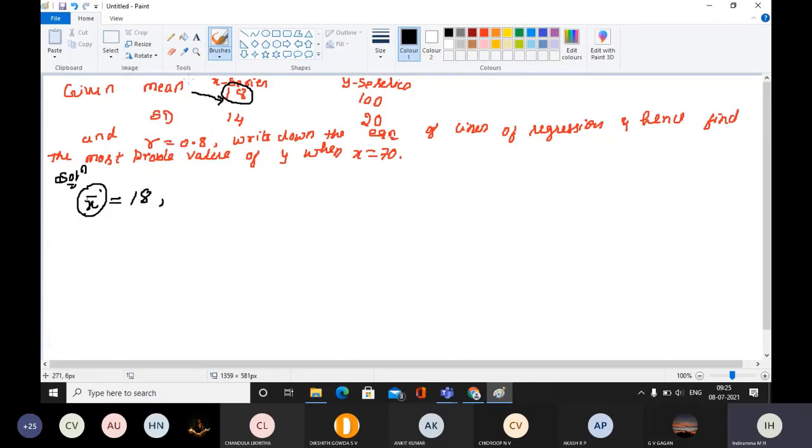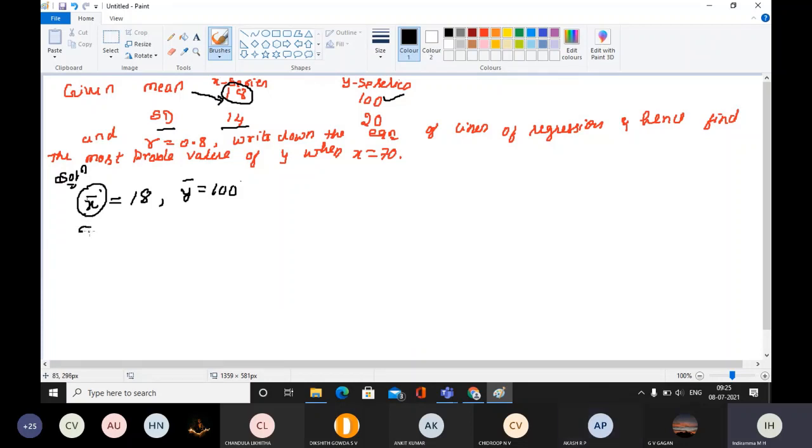So what is the mean of the y series? How is it denoted? Y bar. Y bar is 100, given. Okay, standard deviation of x, what is given? Sigma x.